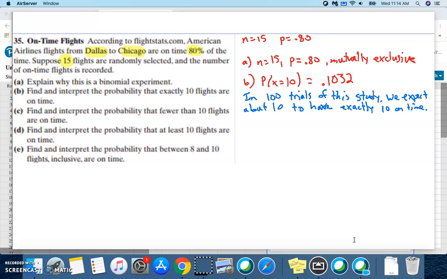And you can bump it up into 1,000 trials. That would be about 103. So you go to the 1,000th place. So that's just the interpretation of it.